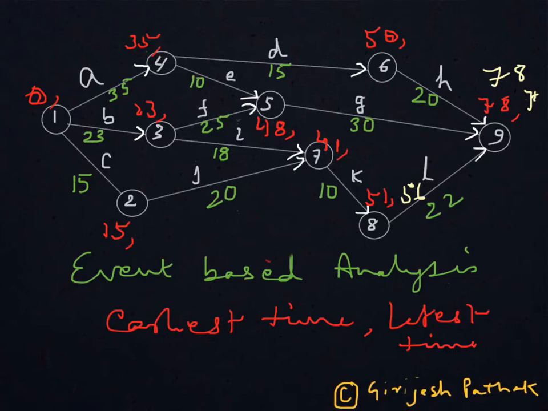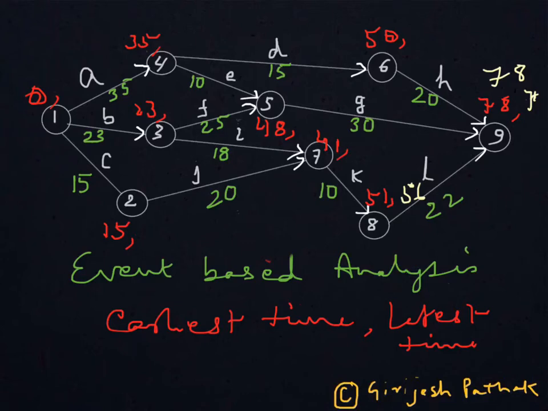So what we did for the latest time calculation: we took the latest time of the node which is at the end of the arrow, and we subtracted the activity time to get the latest time of node 8, because we wanted this much activity time before the latest time of the subsequent event. This is fine as long as only one arrow is starting from the node.